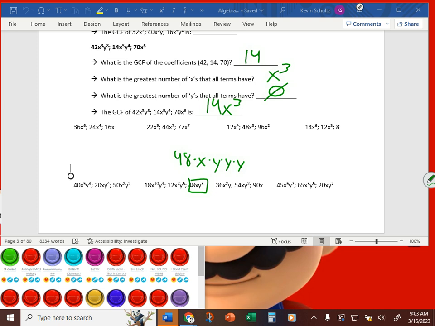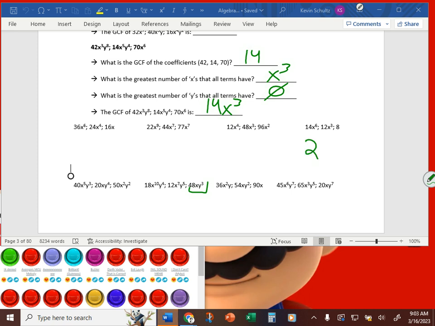Maddie? Can we go through one of the questions? Sure, which one would you like? The last one of the first row there: 14x to the 6th, 12x cubed, and 8. Start with your coefficients. Start with your numbers. What's the GCF of 14, 12, and 8? 2. Right?